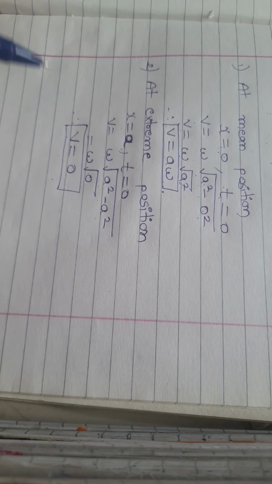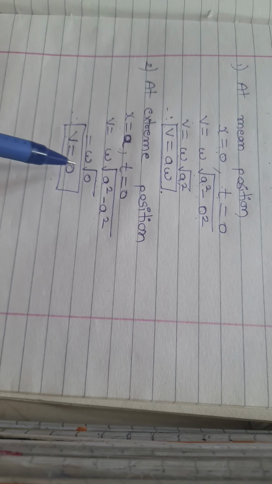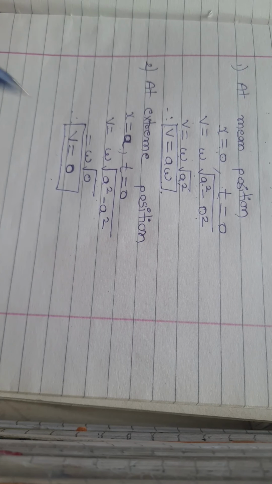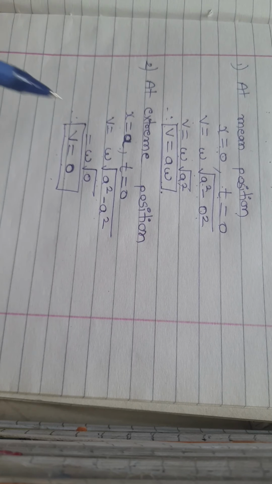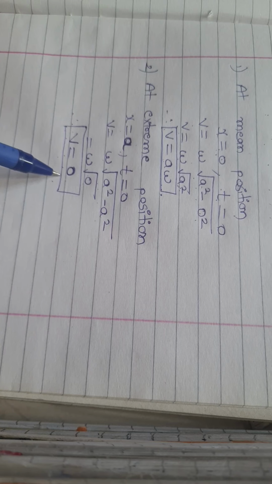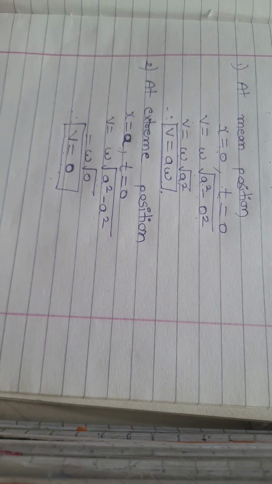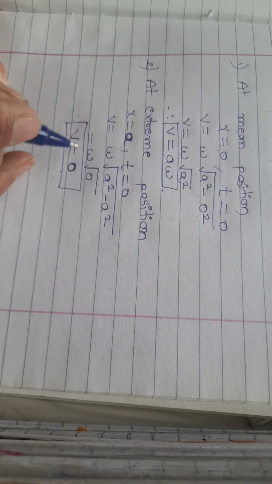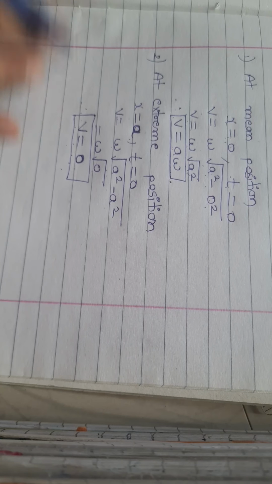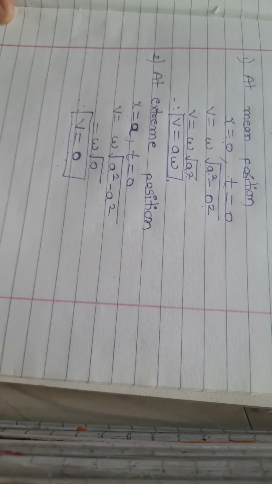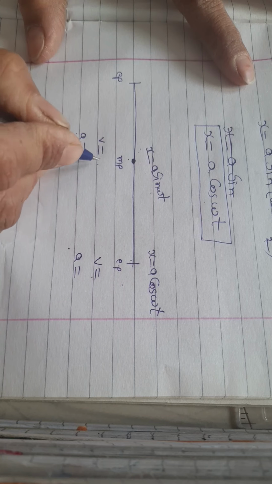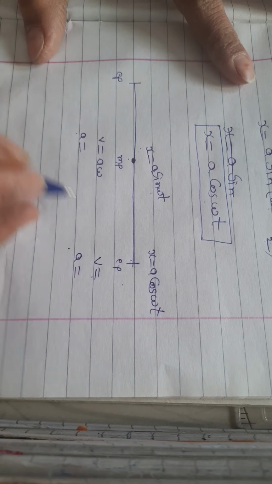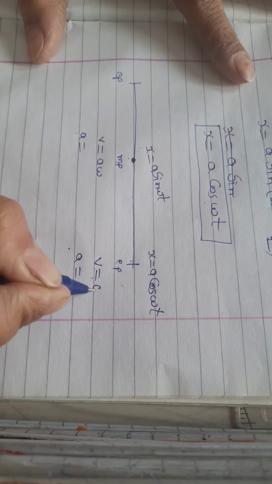Here I have proved that at extreme position velocity becomes 0, and at mean position velocity becomes a omega. So when you take the diagrammatic study, as I told you in our last video, at mean position its velocity becomes a omega and at extreme position its velocity becomes 0.